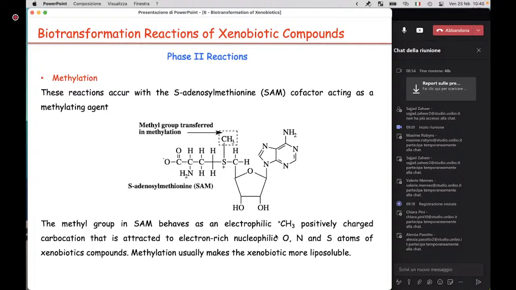And so it easily reacts with those atoms in other molecules. This is an exception to the general rule that biotransformation makes compounds more hydrophilic, because of course methyl and in general alkyl groups are lipophilic. So when we attach a methyl group to any compound, we will make it more lipophilic, and so it makes it more difficult to eliminate from the body.